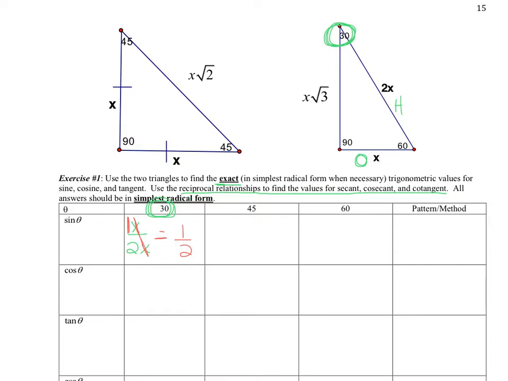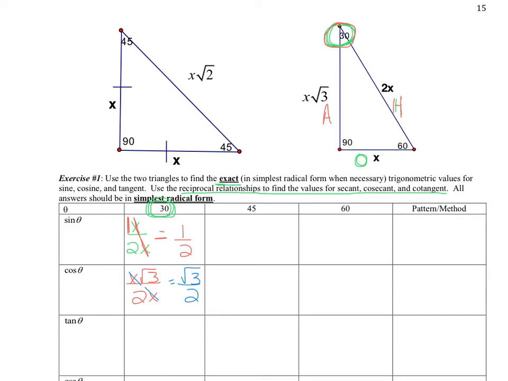Okay? I'm going to continue with 30 for cosine and tangent. So when I start from 30 for cosine, here's my adjacent side and here's my hypotenuse. I get x radical 3 over 2x. So here, my x's can cancel again, and cosine of 30 is radical 3 over 2.